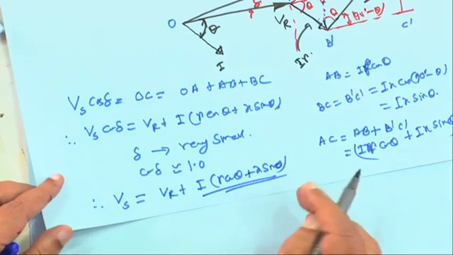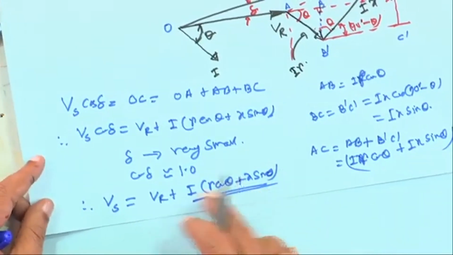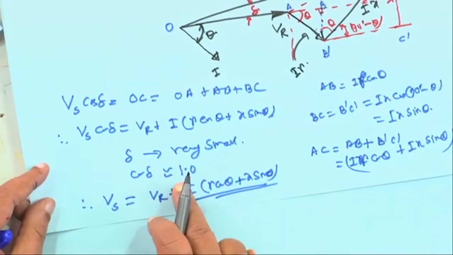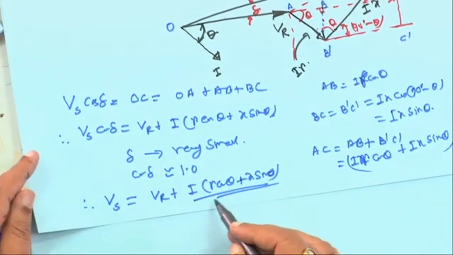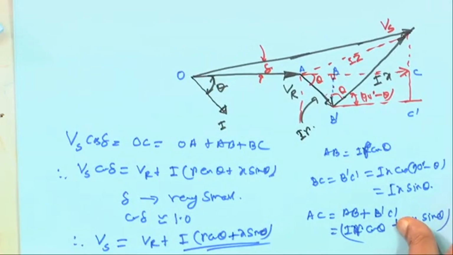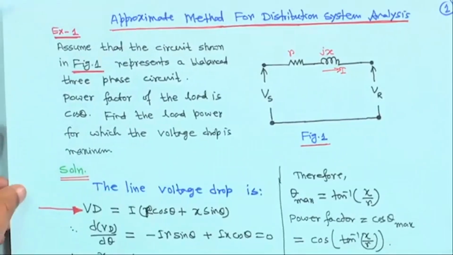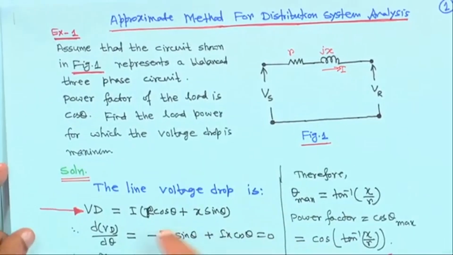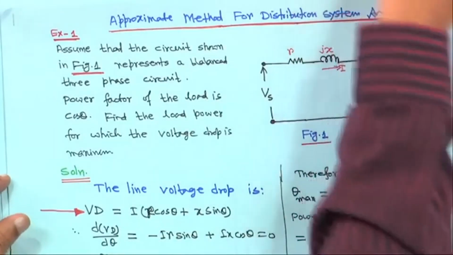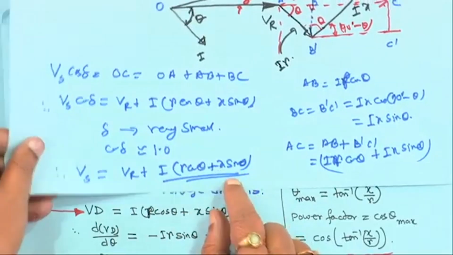So this is the voltage drop. This is the approximate way of calculation, because we have taken delta as very small, so cos delta is 1. So Vs is equal to Vr plus I R cos theta plus I x sin theta. That is why, in the approximate method, we use this voltage drop, I times R cos theta plus x sin theta.